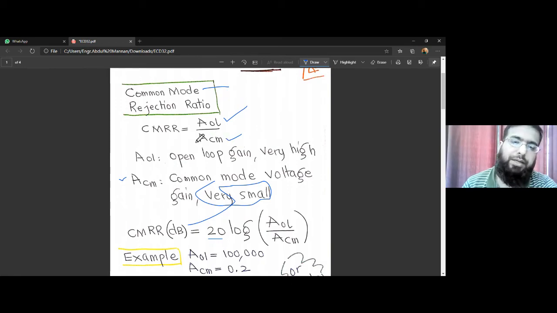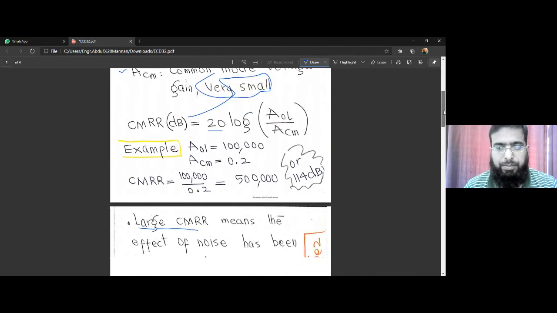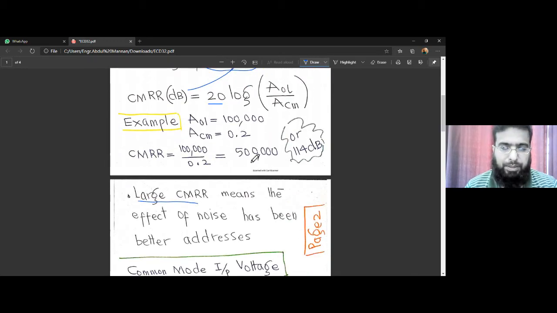Ideally ACM should be 0, so anything divided by 0 should be infinity. What is the ideal value of CMRR? It should be infinity, but actually it is very large. It is not infinity in practical cases. In this example, it comes out to be 500,000 or 114 dB.